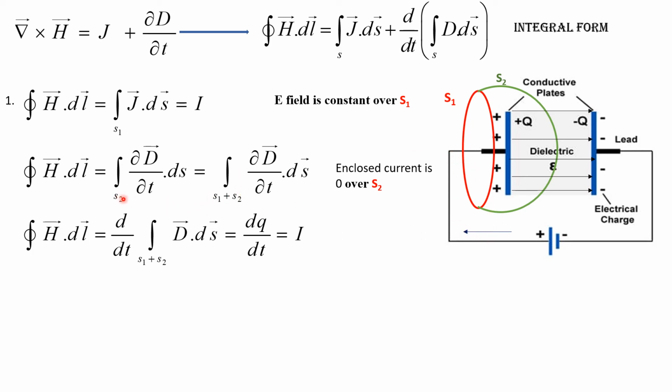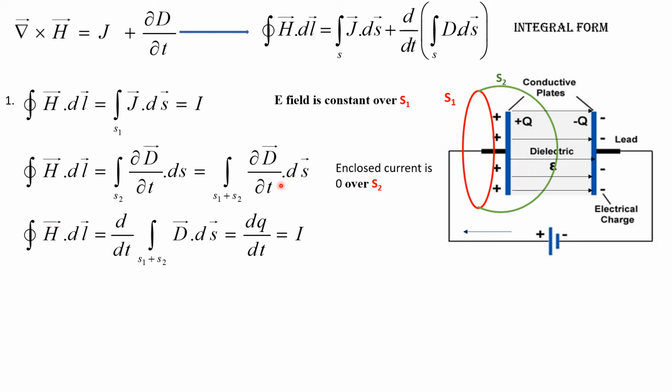Now we are taking two surfaces S1 and S2, and the quantity we get must be equal; there should not be any discrepancy. I am just showing from different surfaces how the concept of displacement current physically validates the whole equation. So the enclosed current is 0 over the surface S2.